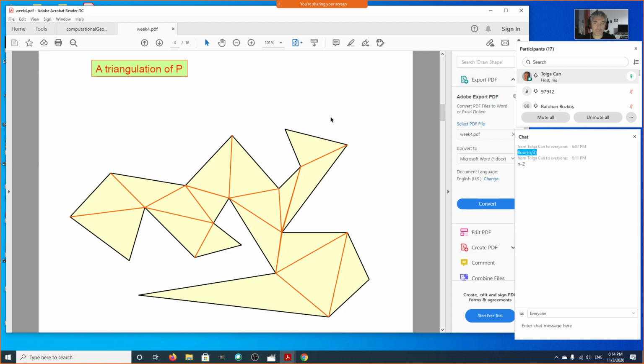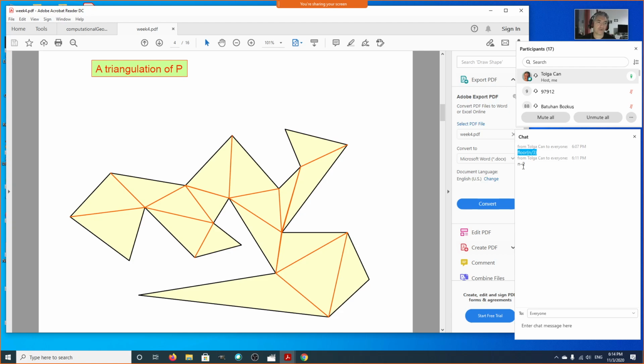A triangulation of a polygon is not unique. We could have obtained a different triangulation by drawing different diagonals between different vertex pairs. That's one thing you should know. But what is unique is that any triangulation of P will have exactly n-2 triangles in it.